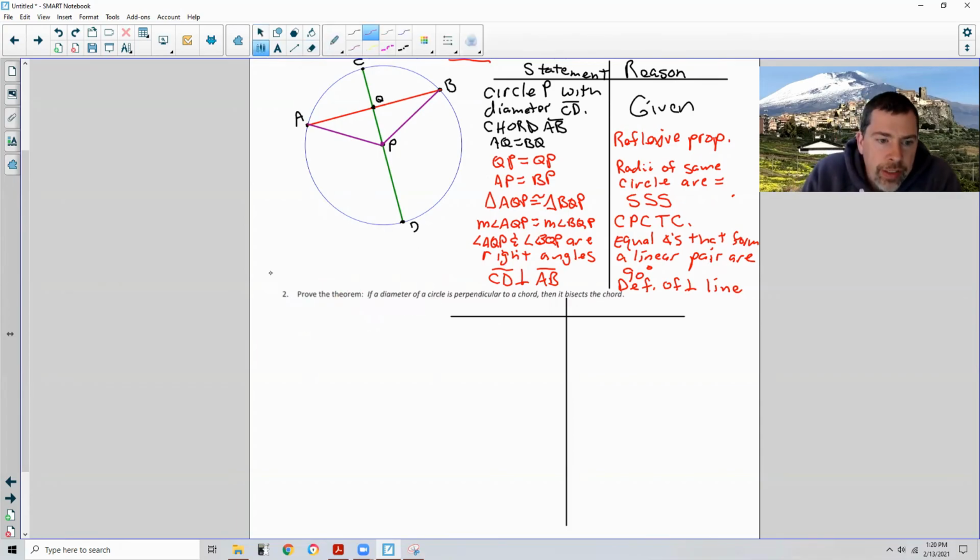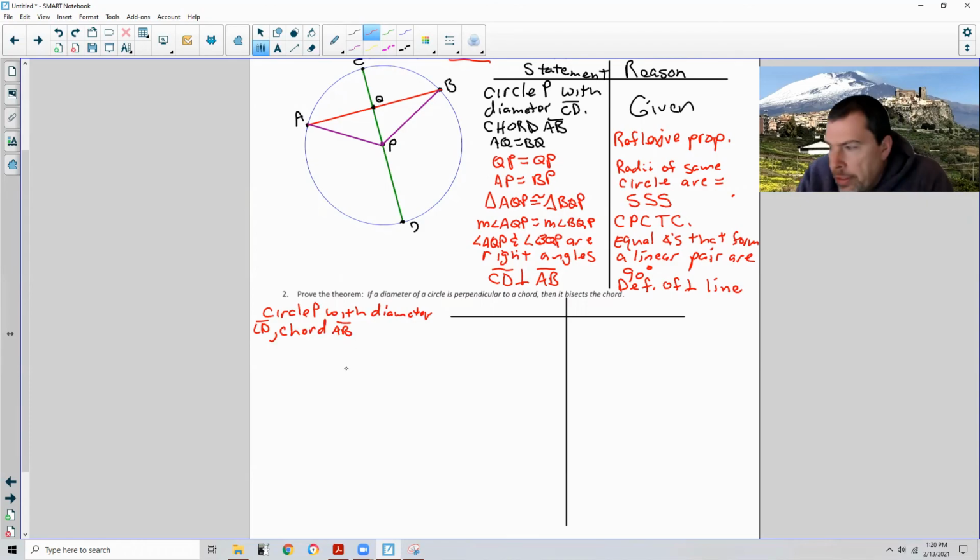Given circle P with diameter CD, chord AB, and CD is perpendicular to AB.